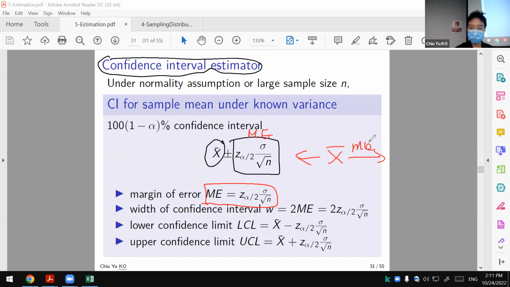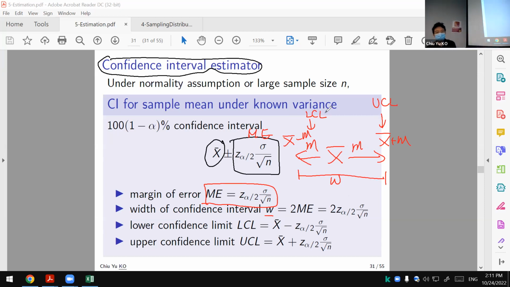And you go left and right by M, right? This is X bar plus M, X bar minus M, right? This distance is called the width, okay? And the highest number is called the UCL. The lowest number is called LCL.